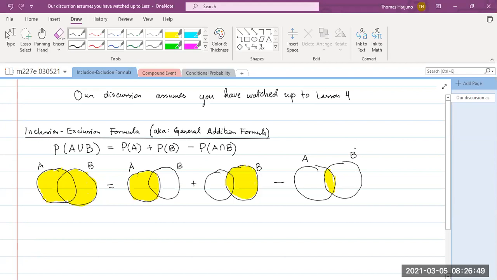And implicitly, we have used this formula here and there when we did the Venn diagram or the contingency table. Okay.